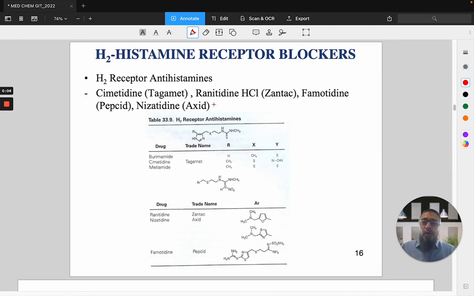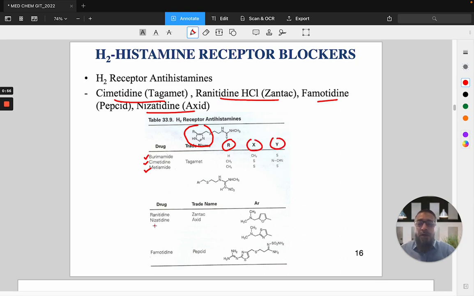So H2 histamine receptor blockers are generally molecules which block the H2 histamine receptor and inactivate its function. The molecules reported to have the ability to bind with the H2 histamine receptor and inactivate the function are cimetidine, ranitidine, famotidine, and nizatidine. In the case of cimetidine, the basic skeleton is very much the same as histamine, which consists of the imidazole ring, and other drugs which also bind the H2 receptor are burimamide and metiamide. The only difference is the different substitution.